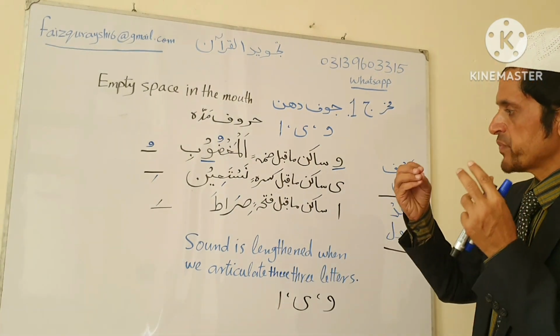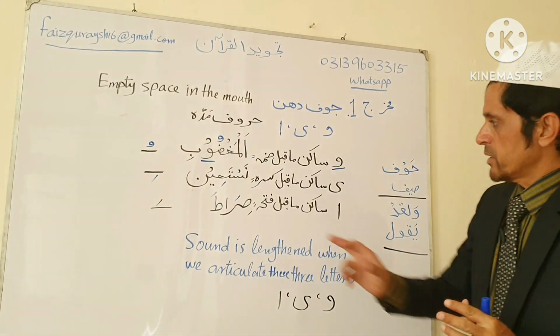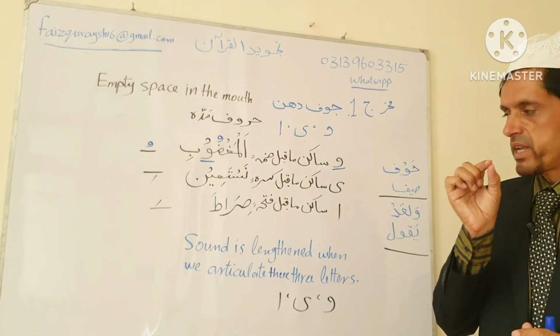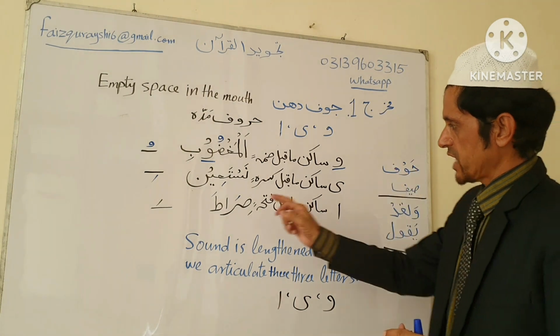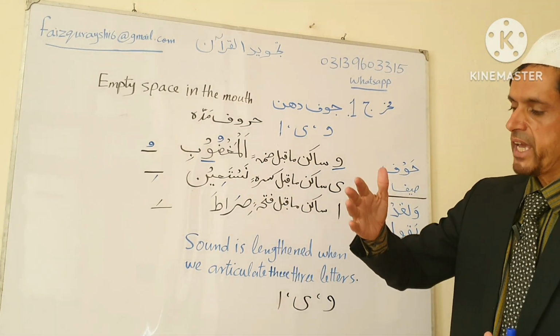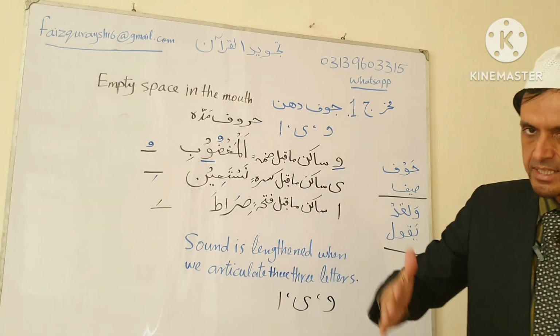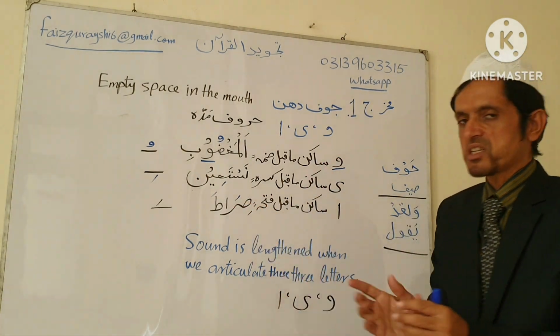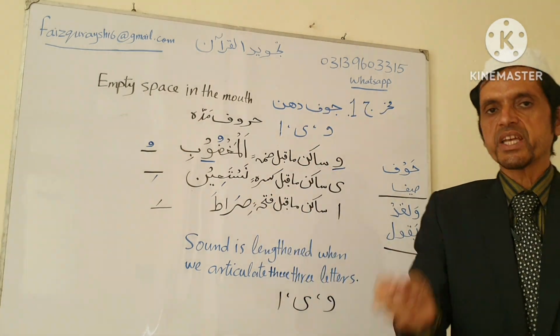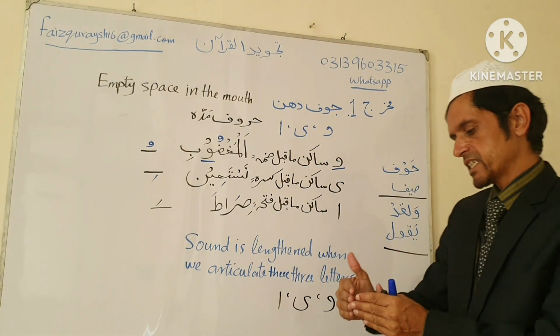Alif will be sakin always, but the symbol will not be on it. That is one of the identification of alif, that it will not have any fatha, kasra or dhamma. It will be just like this line. You will draw a line, and that is alif.